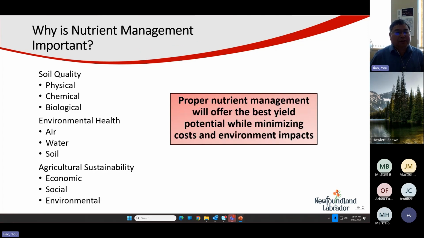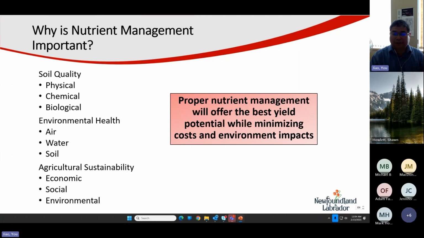So why is nutrient management important? We can group it: it's good for soil quality, physical, chemical, and biological, and it's good for environmental health. We talk about air, water, and soil, and it's good for agricultural sustainability, for the economy, the society, and the environment. That's what nutrient management is all about.